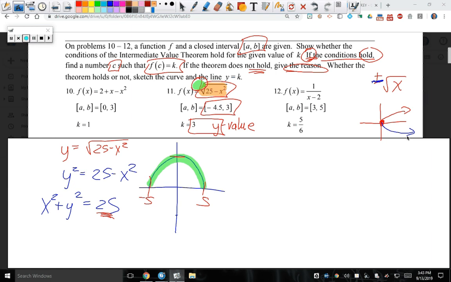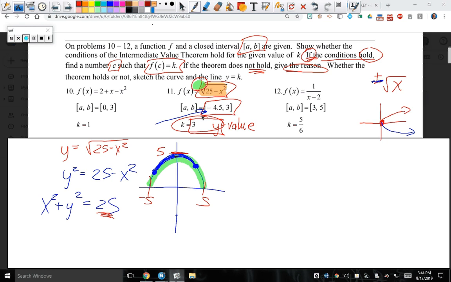Okay? Now here we go. I'm looking at -4.5, which is about here, all the way to 3, which is about here. And this is the only piece of the graph that I'm actually drawing per se. Are you with me? We know that this goes all the way to 5, and we know that we're looking for y is equal to 3.